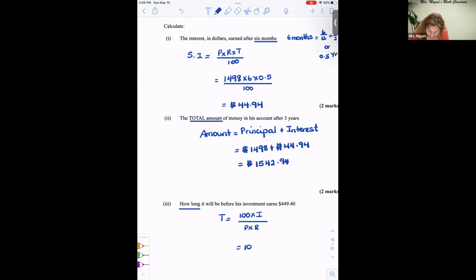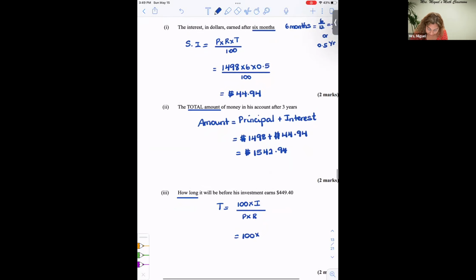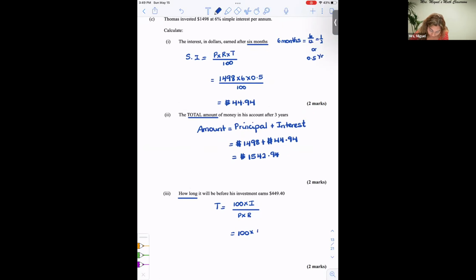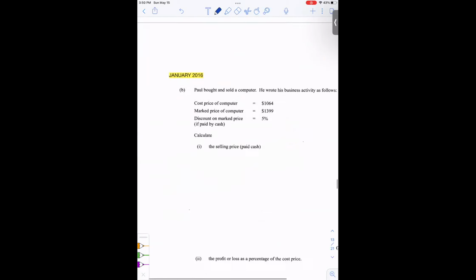So 100 multiplied by 449.40 divided by 1498 multiplied by the rate, which is 6%. So 100 multiplied by 449.4 divided by 1498 multiplied by 6. The answer is 5 years. Do you all have that? Yeah, miss. All right, let's continue.